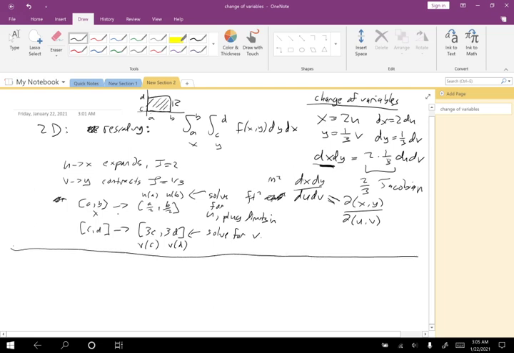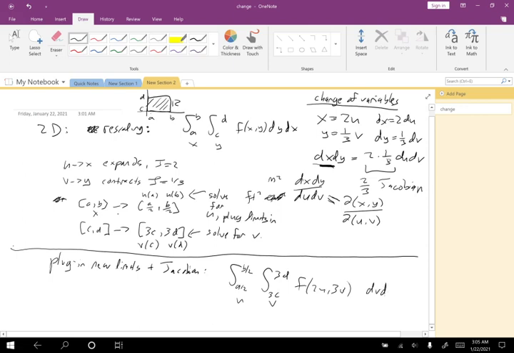So once you do all that, plug in the new limits and the Jacobian. What you get now is the new limits a over 2, b over 2, that's u, formerly x, and now you have 3c and 3d, that's v, formerly y, and now f, you plug in x and y, so 2u, 3v, and now you have dv du times the Jacobian, which in this case is 2/3.